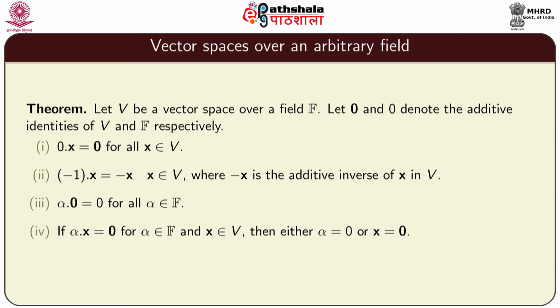You remember V is a vector space, therefore (V, +) is an abelian group, F is a field, therefore (F, +) is an abelian group, and therefore you do have additive identities. Just to distinguish between them, we are using this boldface and the normal one.